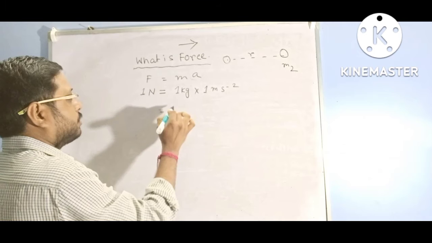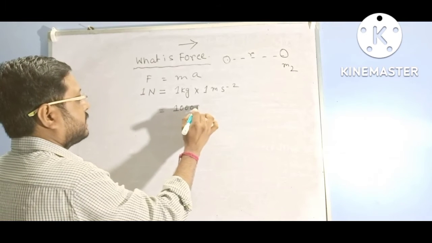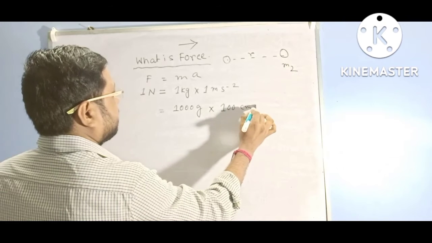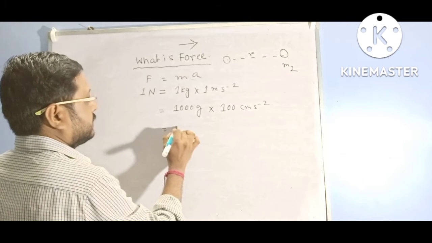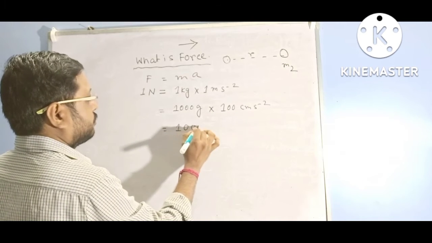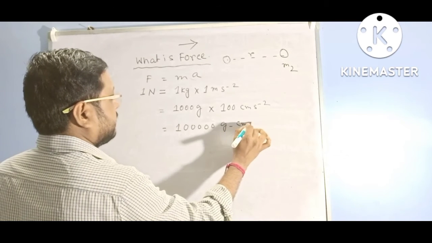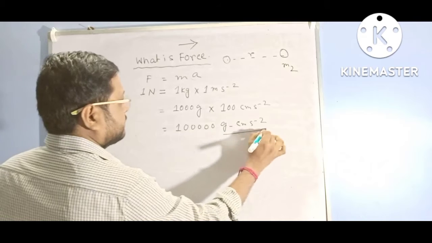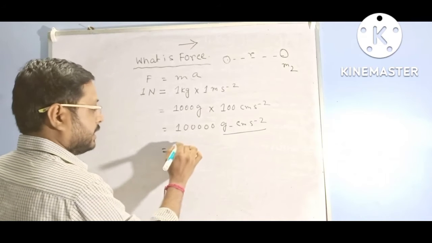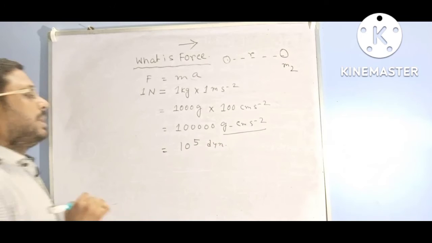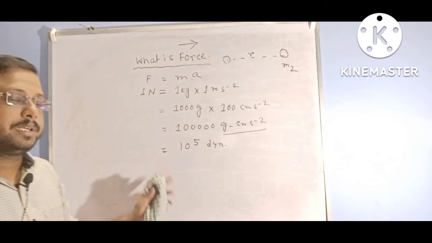Now 1 kg equal to 1000 gram, 1 meter equal to 100 cm, so it is 10 to the power 5 gram cm second minus 2. What is gram cm second minus 2? Dyne. That is 10 to the power 5 dyne. So 1 Newton equal to 10 to the power 5 dyne.